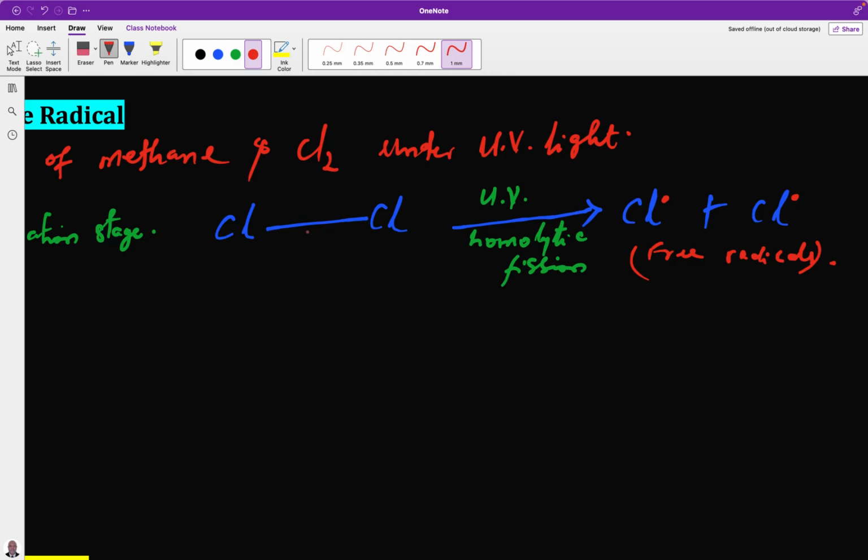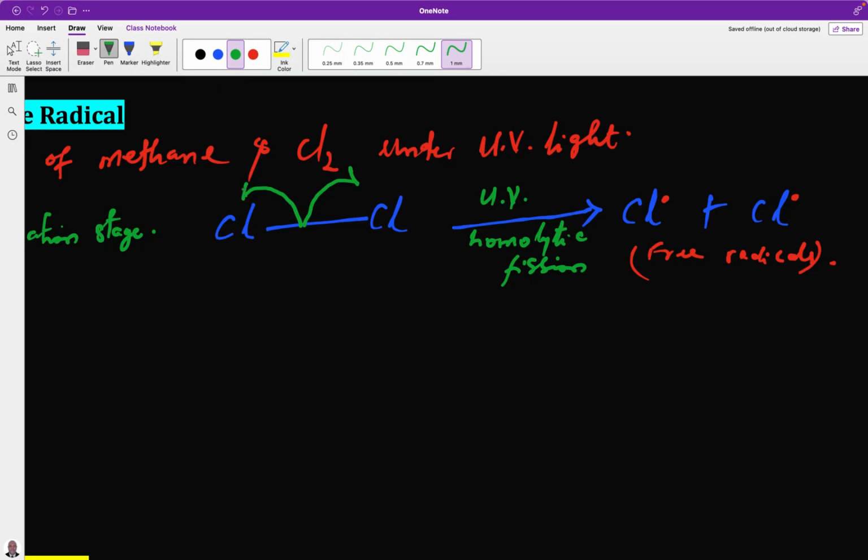And that is represented by what? By the curly arrow. We have the one here that comes like this. See how it comes? The bond is being broken. That is how it is.